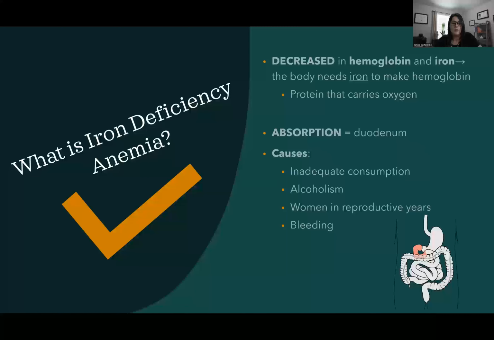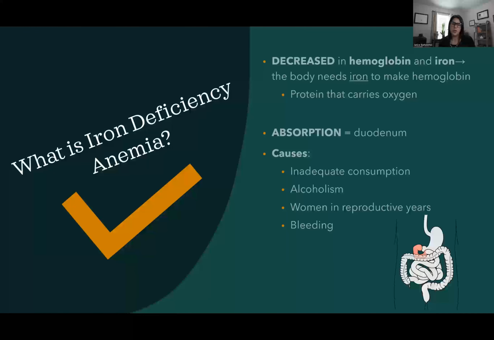So if someone is having difficulty with eating, like malnutrition, or maybe they're homeless, or someone who is drinking a lot of alcohol and supplementing, so to speak, food for alcohol, as well as women in their reproductive years. For example, in pregnancy, the child basically eats all your nutrients. So these are causes that can lead someone to iron deficiency anemia.